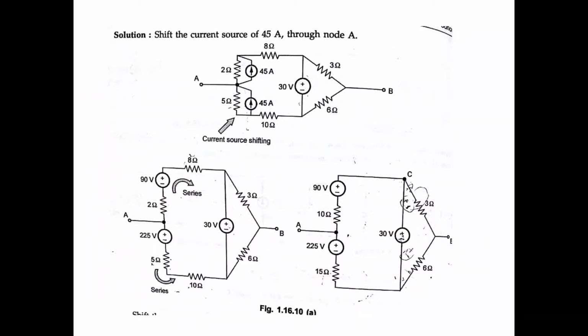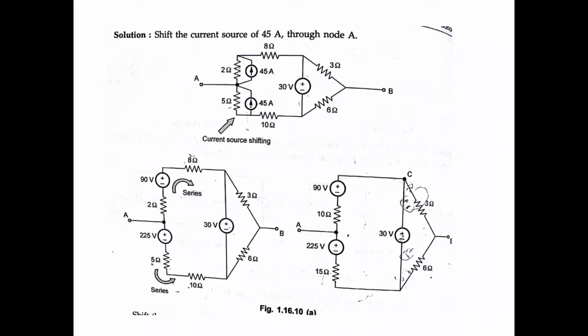First step: the remaining 3, 6 and 8 ohm stay as they are. Next, the current source voltage: 45 into 2 is 90, and 45 into 5 is 225. This is 225, this is 90.